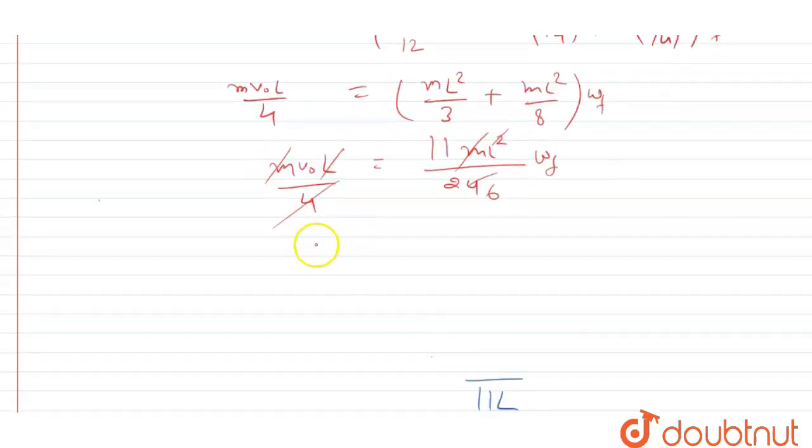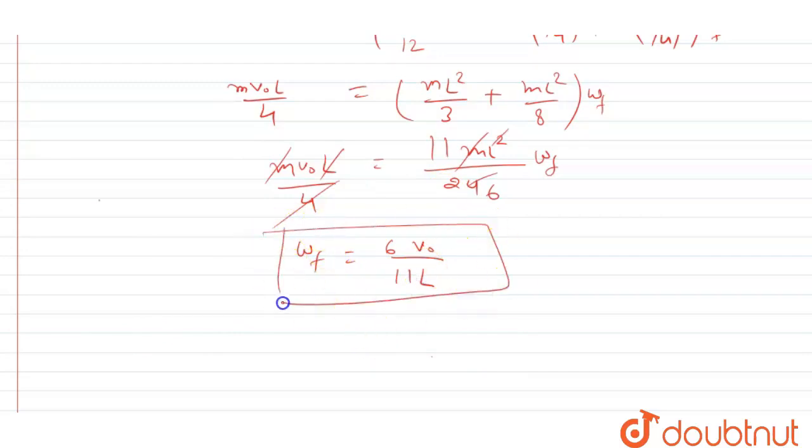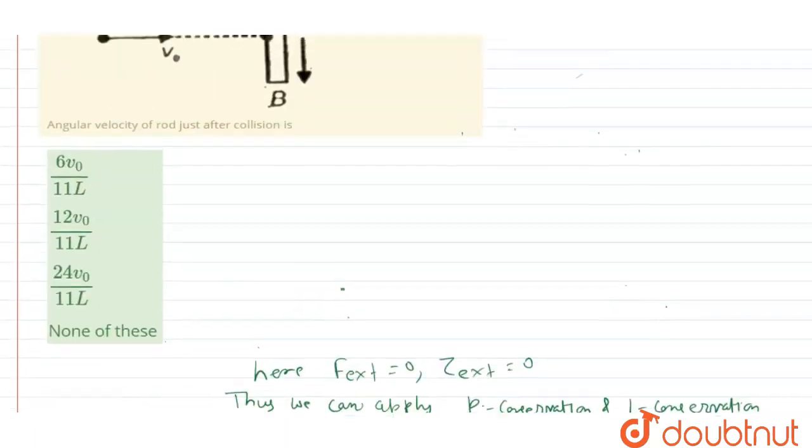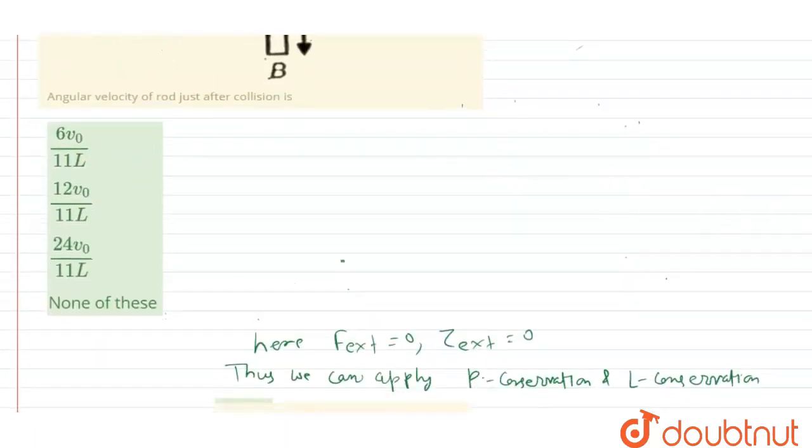So finally I will get that omega final will be equal to 6 v0 by 11 L. So this will be the final answer of the final angular velocity. If we look at the options, option number first will be the correct answer of this given problem.